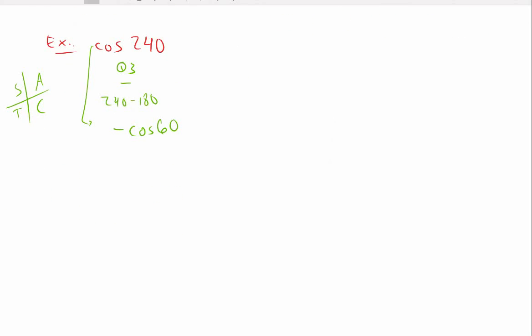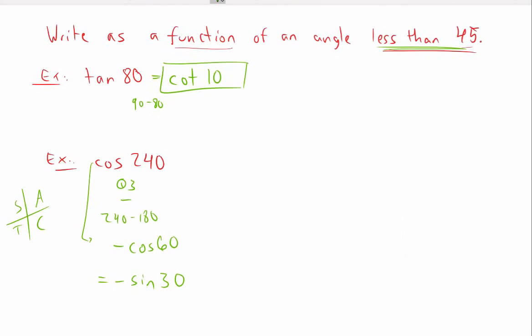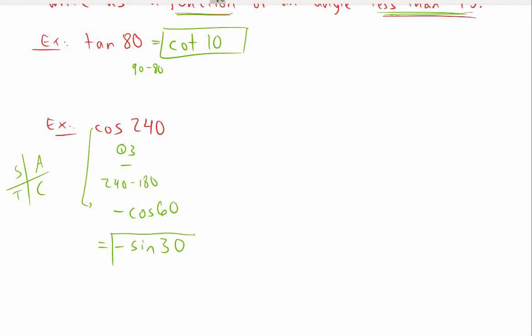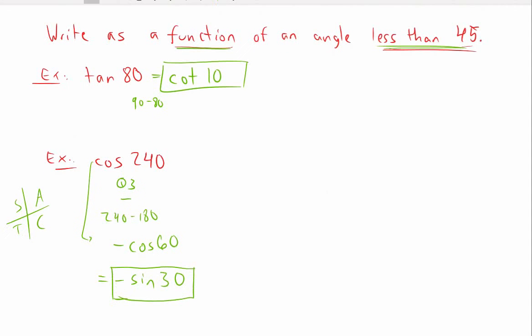So now I can use cofunctions, and the plus or minus sign on the function is completely unaffected by cofunctions. So if I had negative cosine, I would have negative sine, but I want to take its complement, so that's negative sine of 30. Even though we know that the sine of 30 is 1/2, we're not even going to bother changing it. We'll leave it as the sine of 30. Since 30 is less than 45, we've satisfied the directions and we can stop right there.